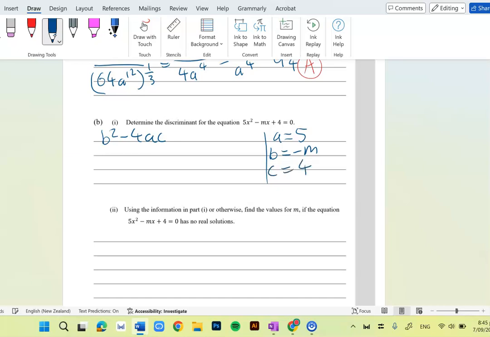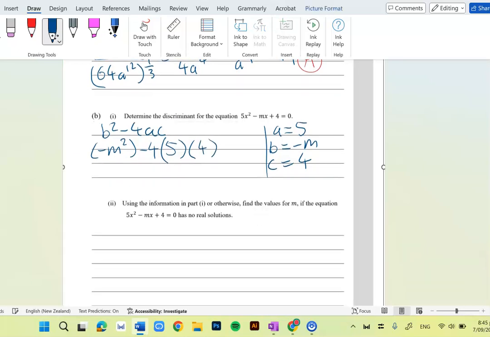So if we put our values in, negative m squared minus 4 times 5 times 4, that negative m times negative m is just m squared minus 20 times 4 is 80. So that's our discriminant right there.